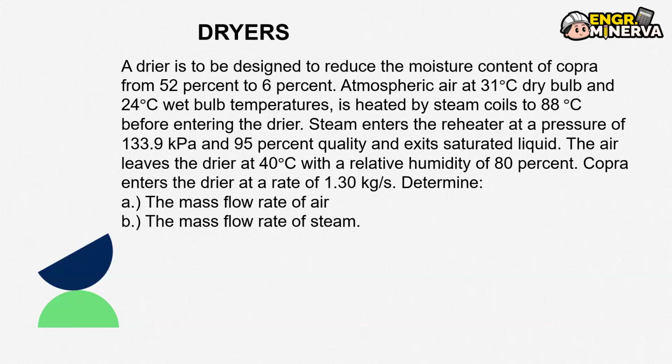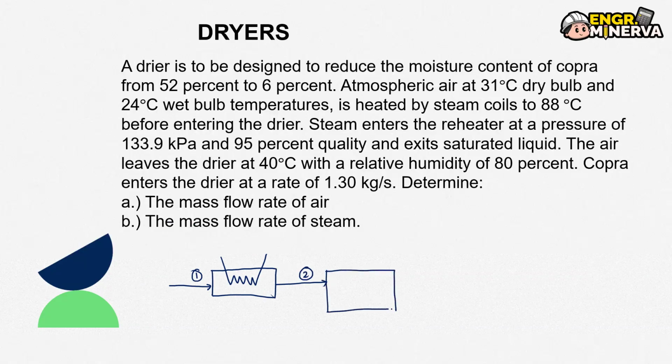Okay, so first let us display our diagram. So we have here our heater. This would be our heater or air heater. This is the air going in. This would be 1. This is the air going out. This would be 2. Then we have our dryer.